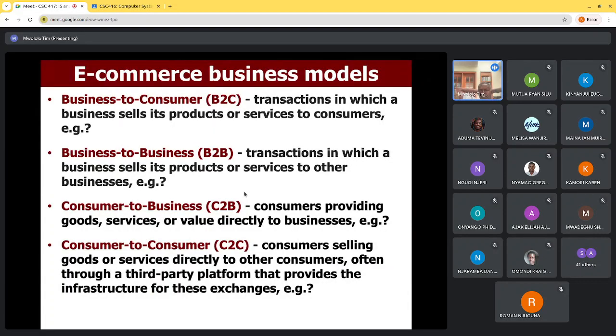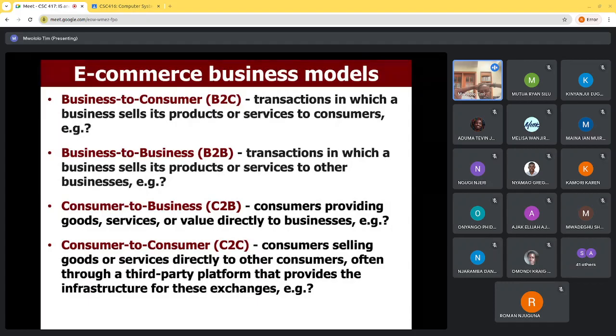Will I use any of these three or any of these four? The more popular ones are B2C and B2B. And probably C2C is gaining prominence with third-party platforms that create a marketplace for everyone.